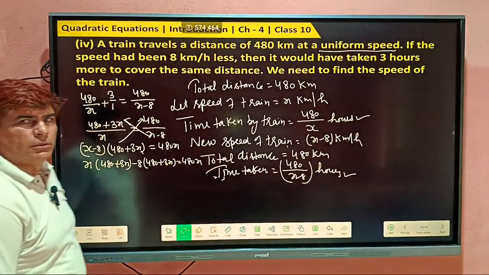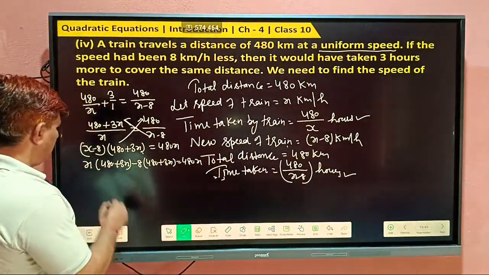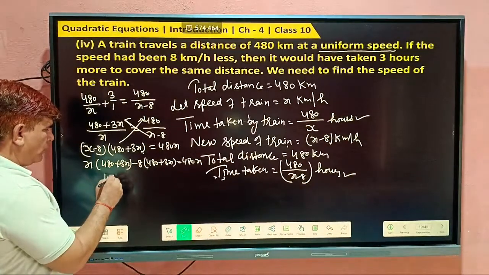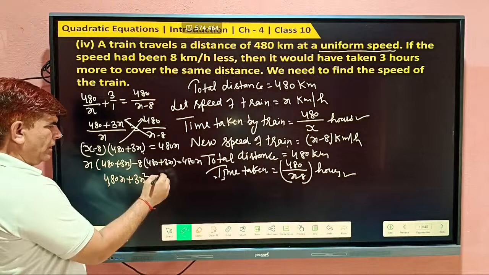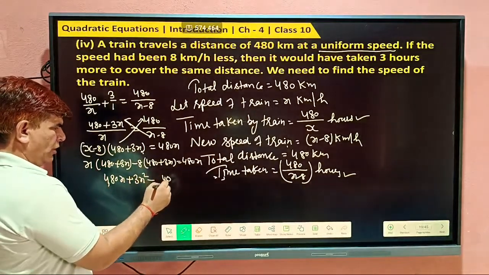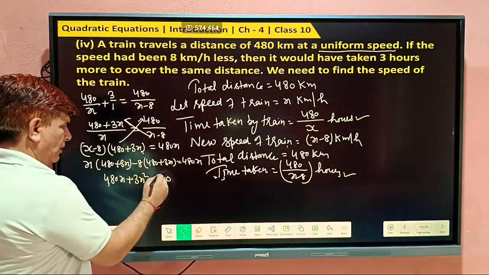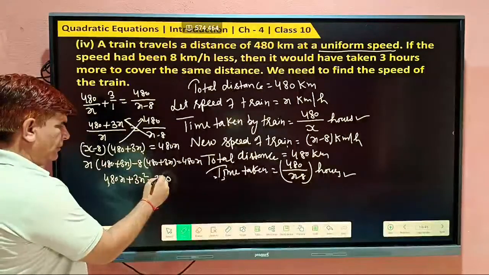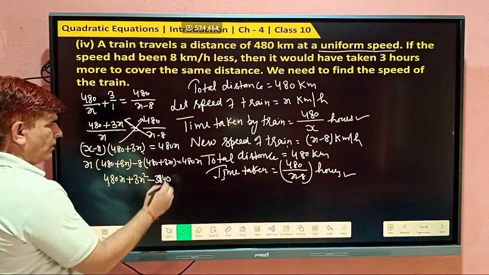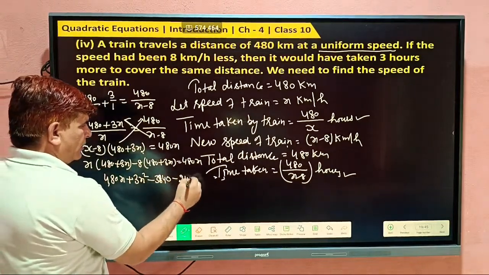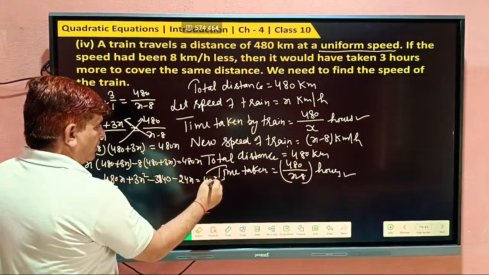Got it or not? So what has it become? 480x plus 3x square minus 3840 minus 24x is equal to 480x.